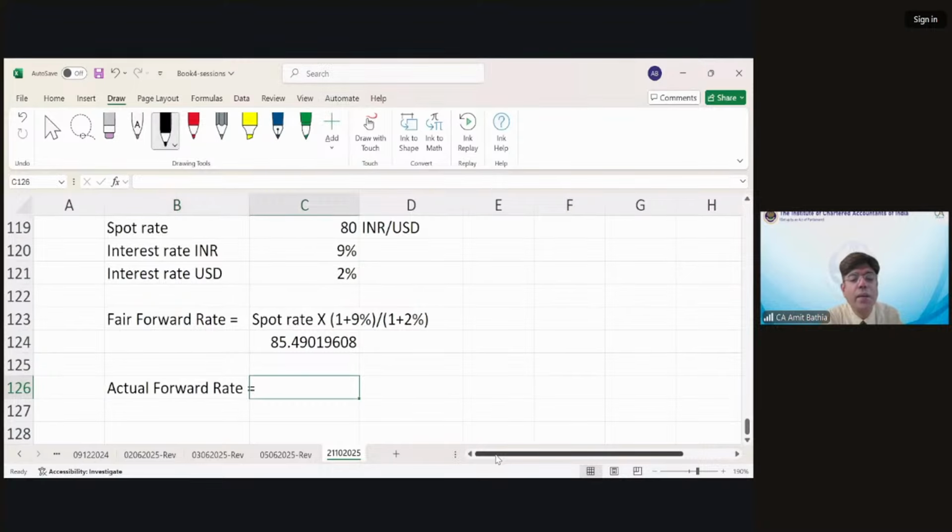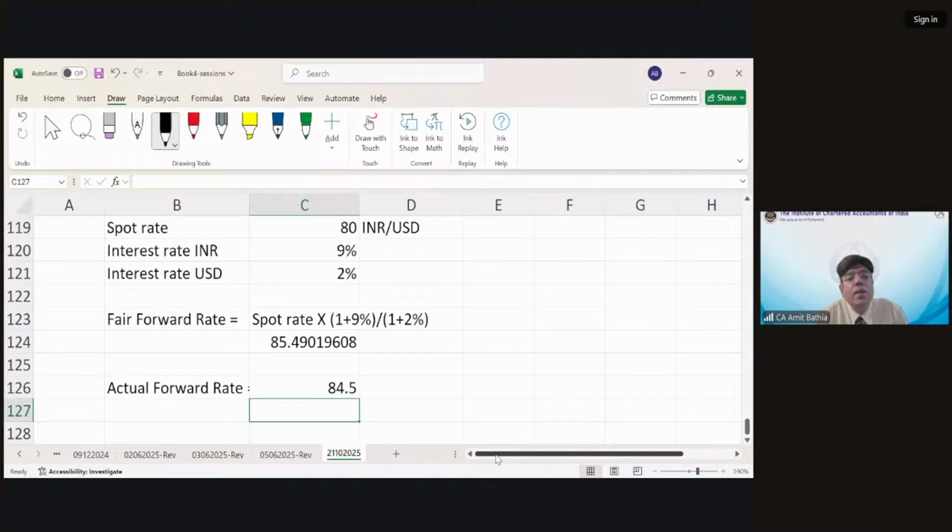So if I go to the bank, the bank is telling me I am willing to offer you 84.50. My fair forward rate says 85.49 will be the fair forward rate, meaning $1 will be costing 85.49 rupees a year from now.